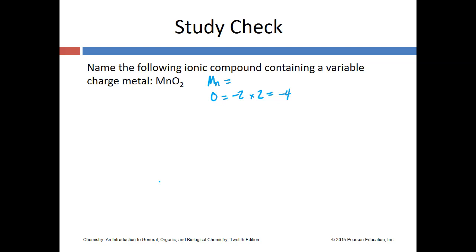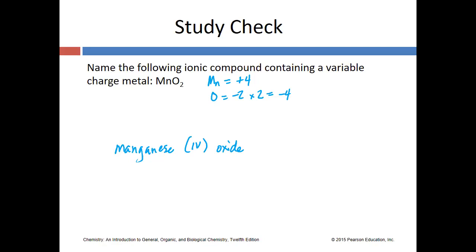So if I have 2 of those -2s, that's -4, which means that the manganese has to be a +4. So the name of this compound is manganese 4 oxide.